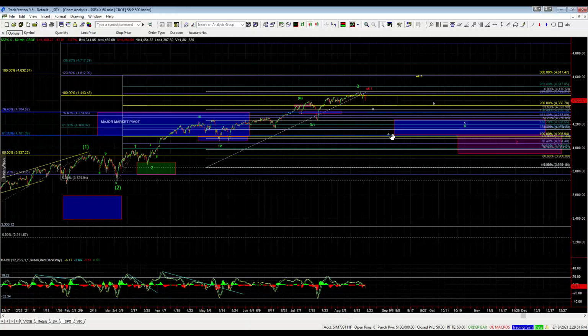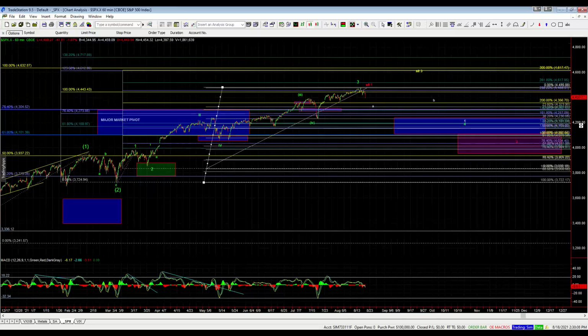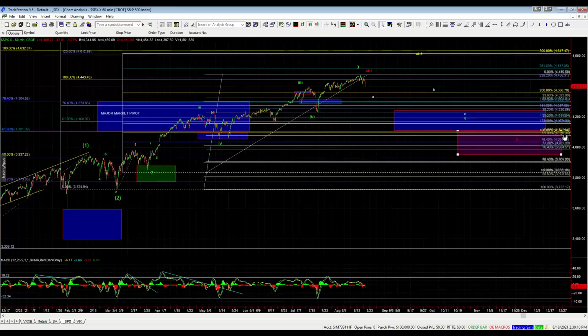In that case, we'd see a deeper pullback A, B, C, a deeper retrace towards 40.95, let me pull those out here. 41.57 to 39.84 is where that falls now. So that's the other path I'm watching.